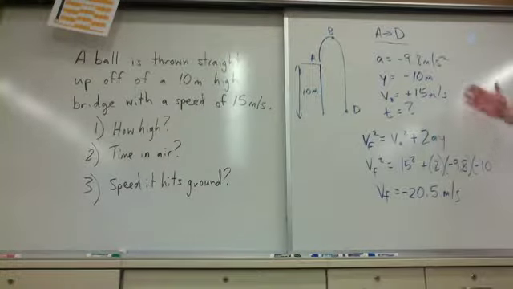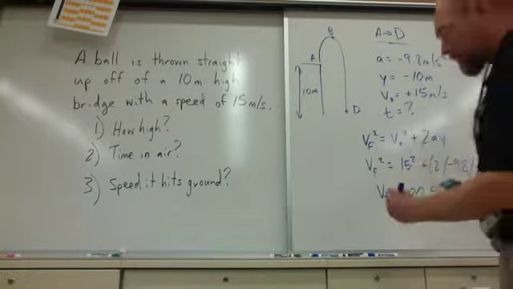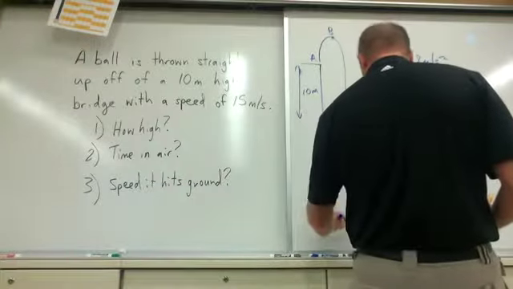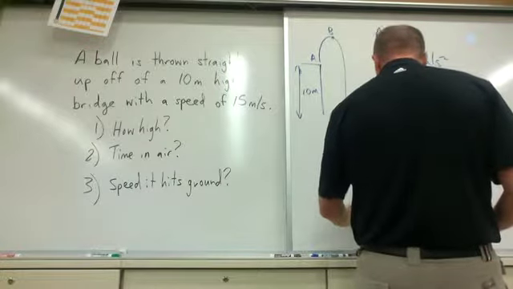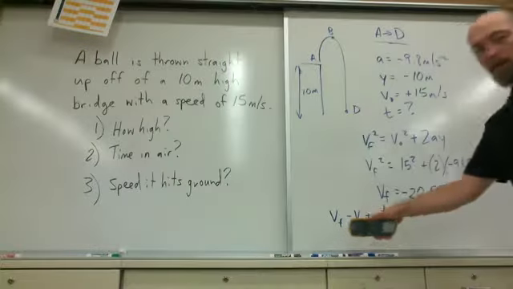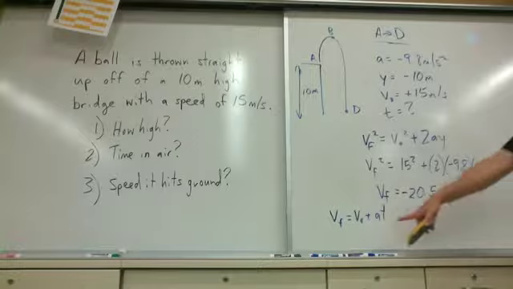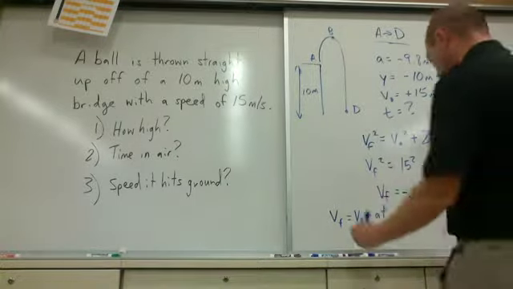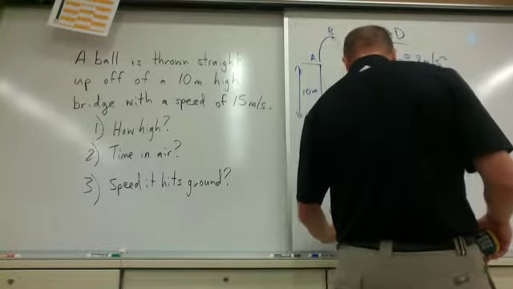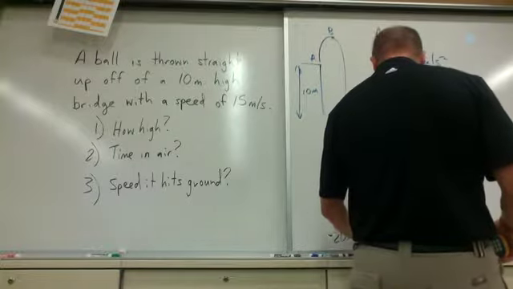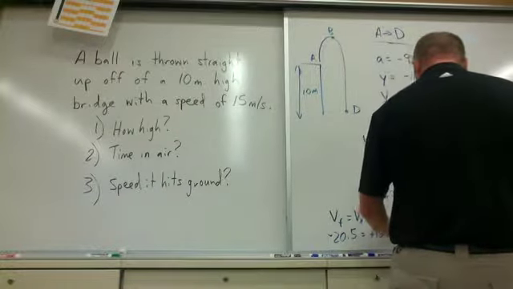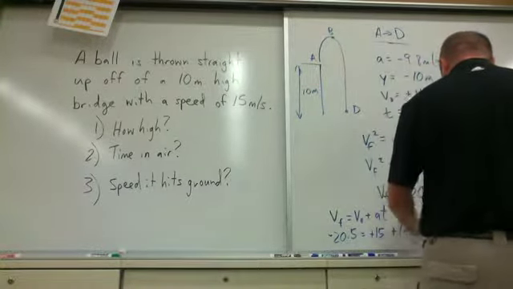Now I can plug it into an equation to solve for my time. I know everything, so I'll just pick my favorite equation, the one I'd snuggle up with at night. Plugging in: negative 20.5 equals plus 15 plus negative 9.8 times t.